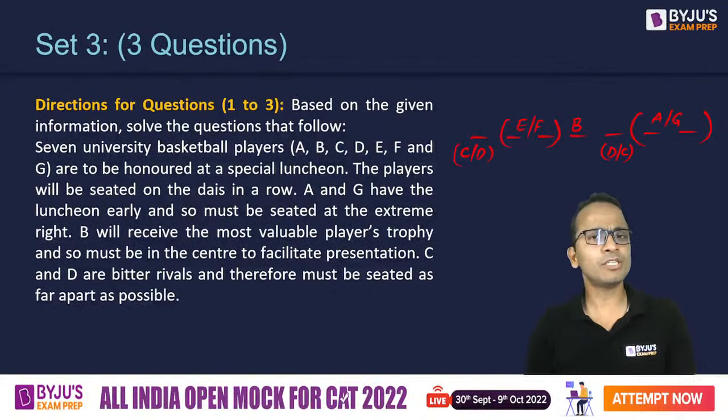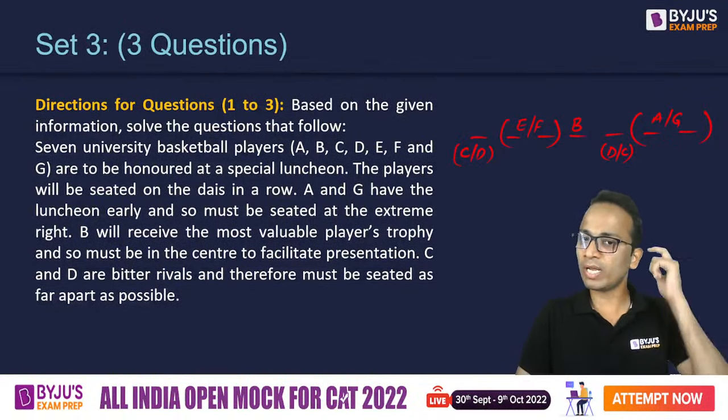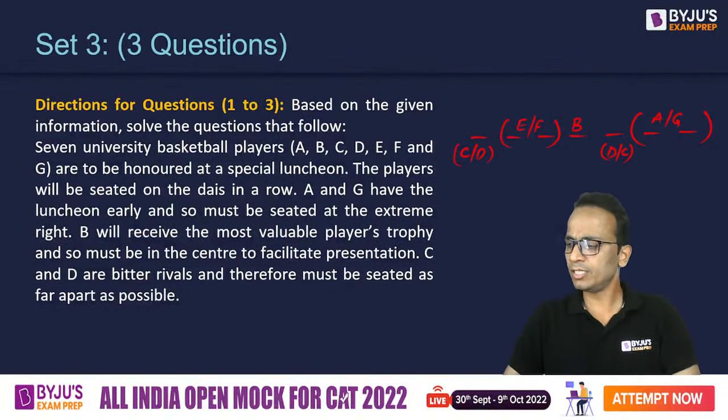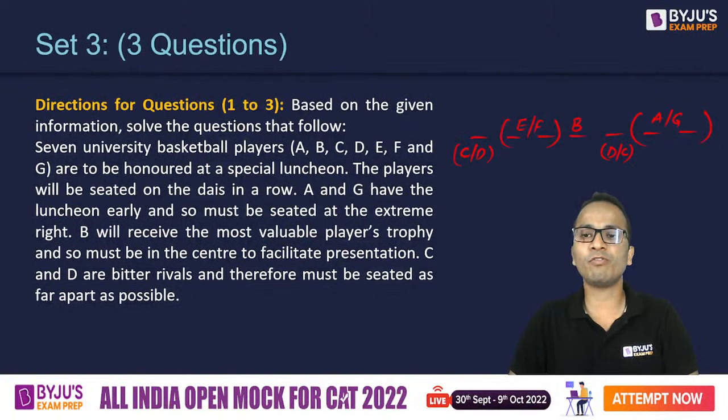Actually, that information was redundant. It was not required to mention, as the remaining 2 positions must be taken by E and F. All right. So we'll quickly run through this one. All of you can read these conditions and then answer the questions that will follow.